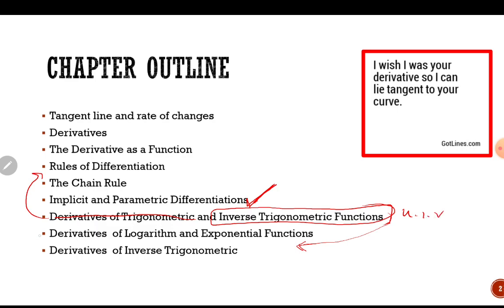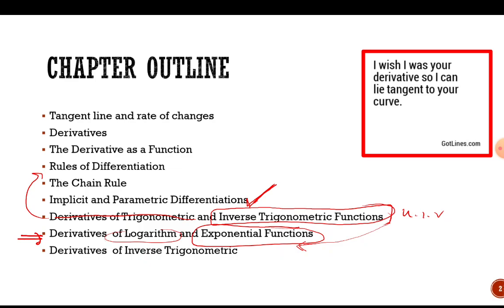And for now I'm going to concentrate on the derivative of logarithmic and exponential functions. Before this, some of you were saying you were in the dark with the trigo functions.